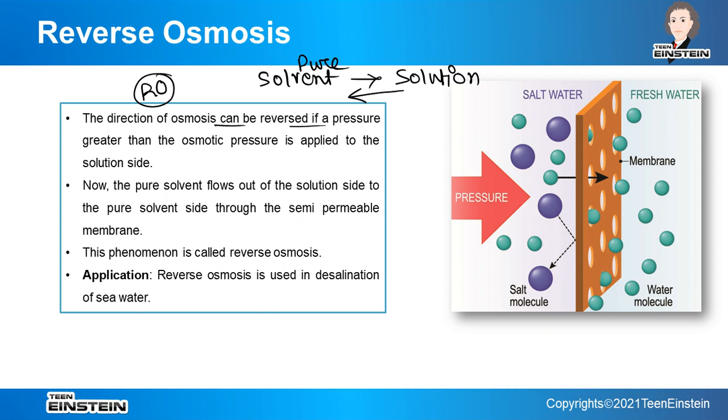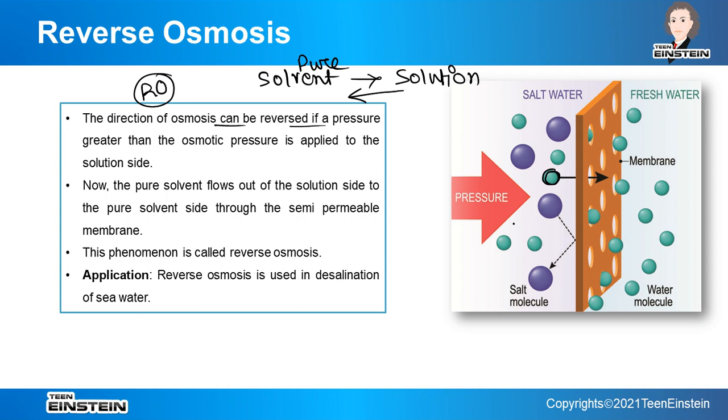So you are stopping the process, but if you give some excess pressure over the osmotic pressure, then what will happen? Osmotic pressure is that pressure which is just enough to stop the process, but when it is more than that, there will be movement of solvent particles.